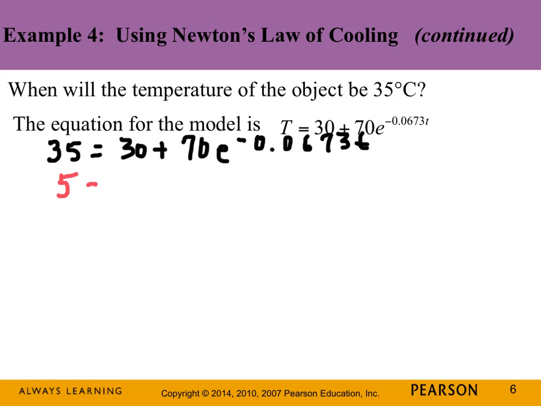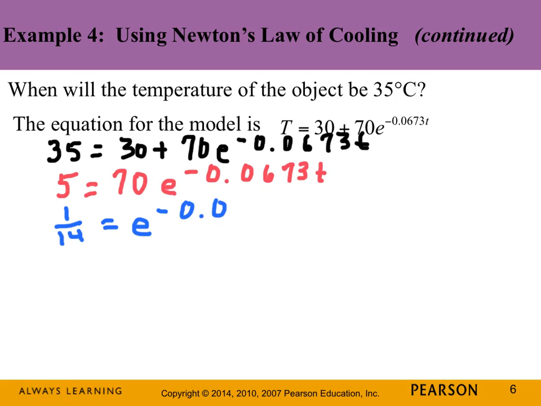You'll have 5 equals 70 e to the negative 0.0673t. Now divide both sides by 70. 5 over 70 will simplify to 1 over 14. And that's going to equal e to the negative 0.0673 times t power. Now let's take the natural log of both sides.